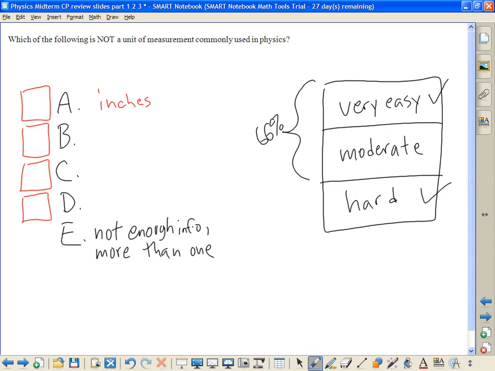So that would be a good one, this is not a unit. I'm going to mark that to myself. That is a potential answer to this question. And if maybe down here there's slugs, that also is not. Maybe this is meters, maybe this is meters per second squared.